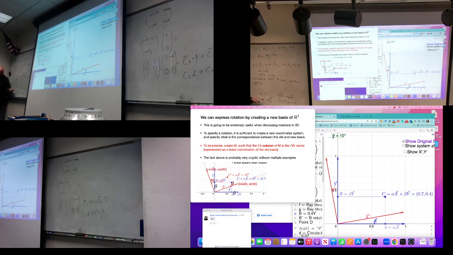Let's take the case that alpha 1 and alpha 2 are both 0. Then I'm just getting the origin. Alpha 1 and alpha 2 are both 1. What do you get? Take U1 and copy it over here.